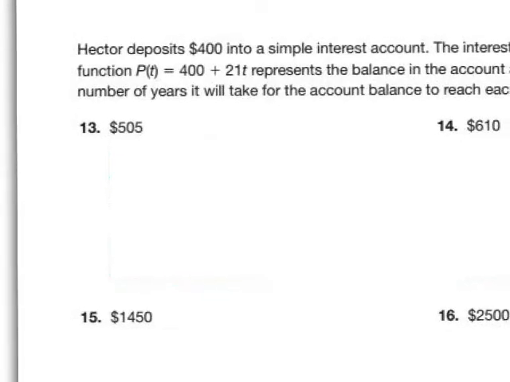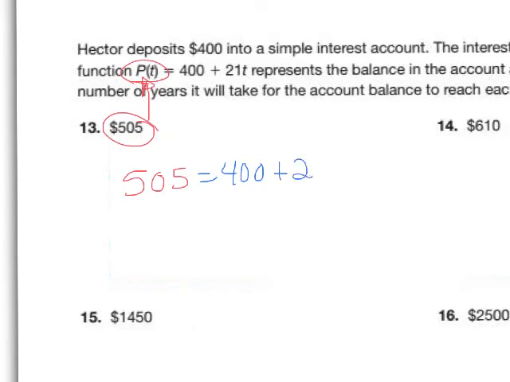So in this case, you actually know that you want to reach 505. So this will replace this number. Okay, so you're going to say 505 equals 400 plus 21t, and t is what we're trying to find out.